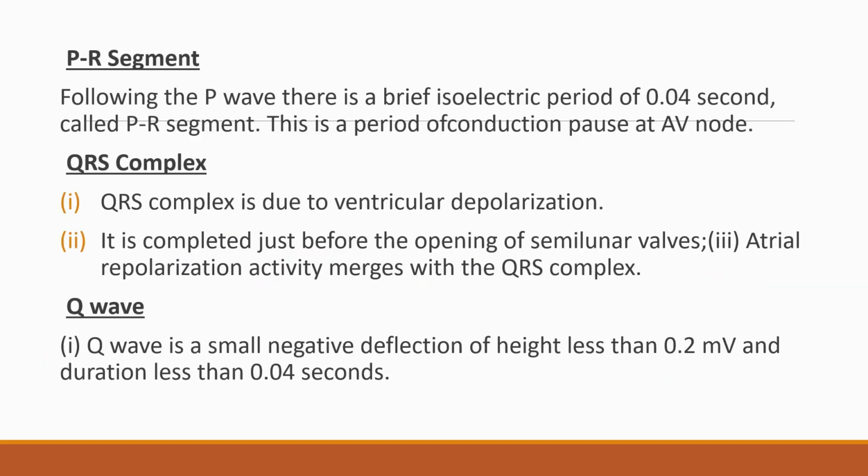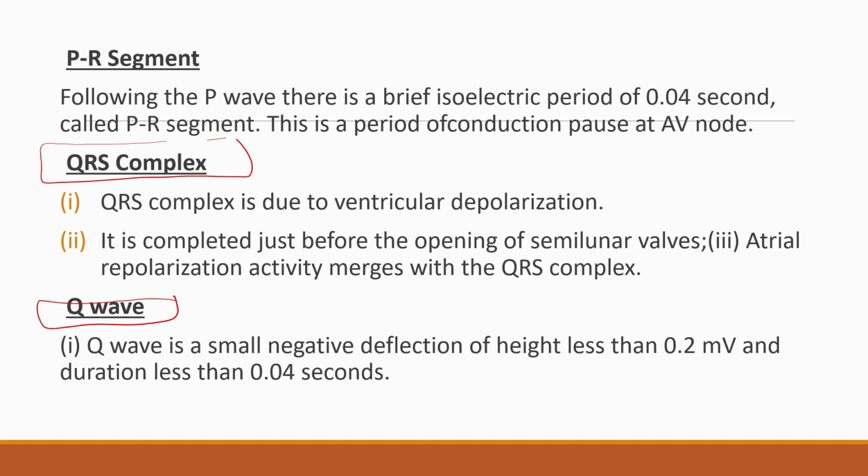Clear? Next is the PR segment. Then we have the QRS complex and then Q wave. Lastly, we have the T wave and U wave, right? P wave, QRS complex and T wave. These 3 points should be mentioned compulsorily in your answer when you write something about ECG.